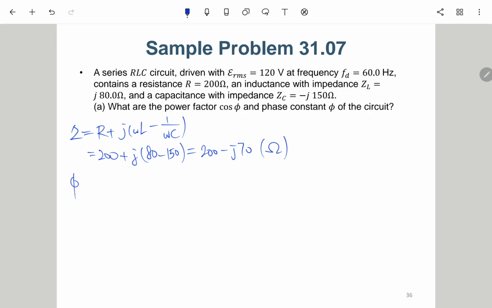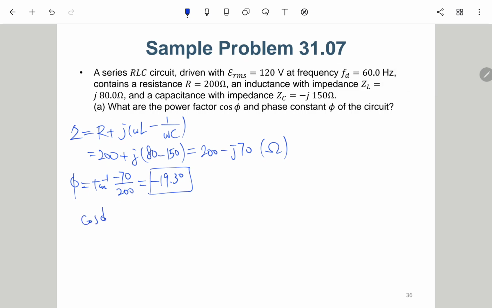So the power factor angle phi will be arctangent of negative 70 over 200, which is negative 19.3 degrees. So this is the phi.